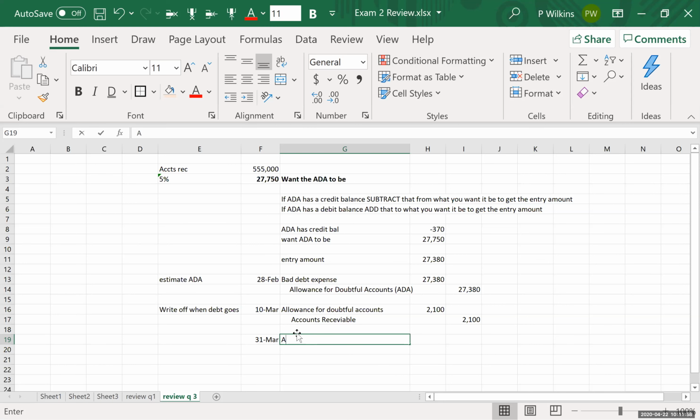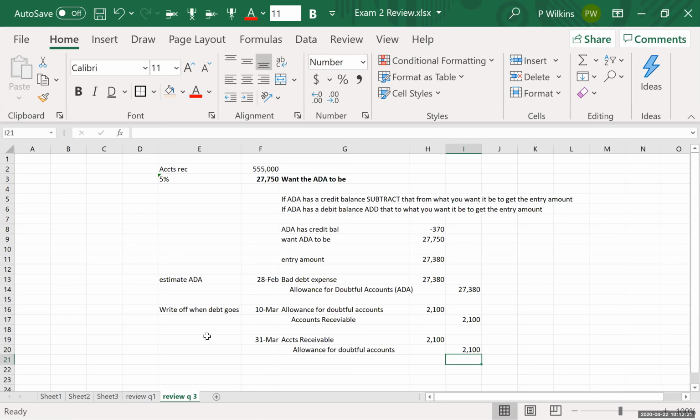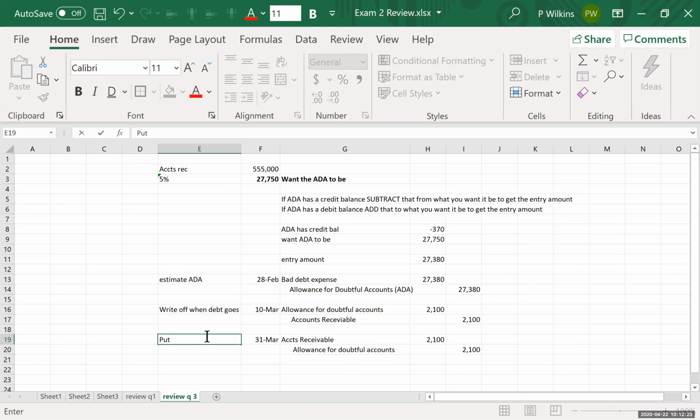So we're going to debit accounts receivable for $2,100. And we're going to credit allowance for doubtful accounts for $2,100. Okay, and we're going to call that the put back.